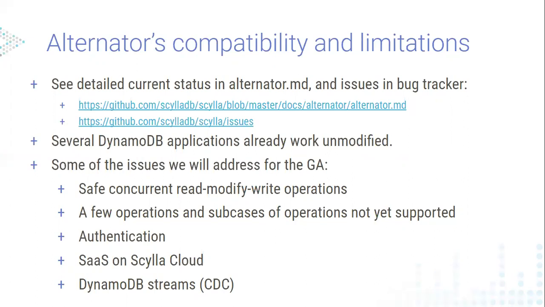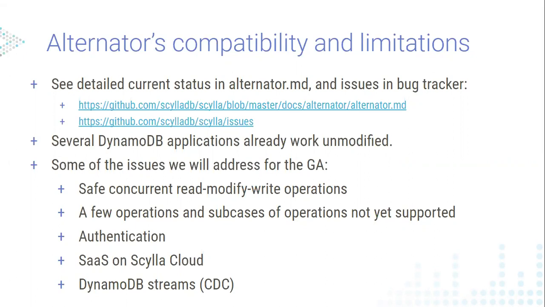So the first generation will be change data capture based on the Scylla implementation. A small comment about authentication: right now HTTP is supported without HTTPS. We're going to add HTTPS. It is possible to run it inside your VPC, so it'll still be secure.